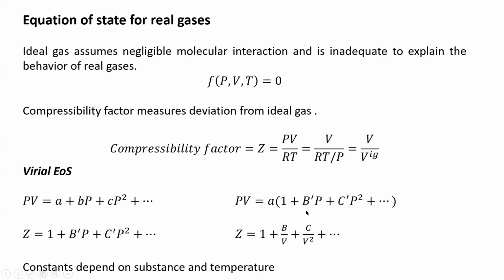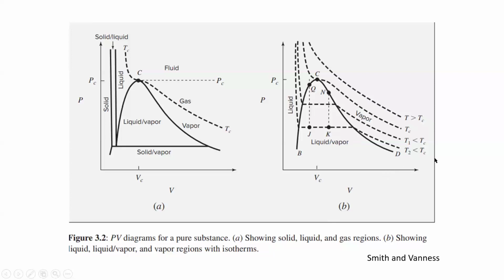And we see that at very low pressures, the molecules are very far apart, and we can assume that the molecular interactions are zero in that situation. So then it will show ideal gas behavior.